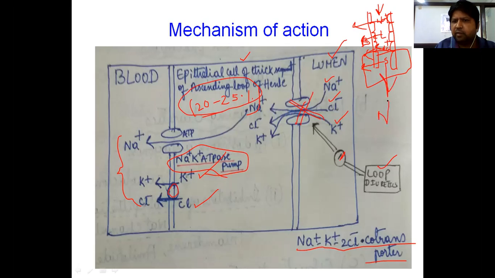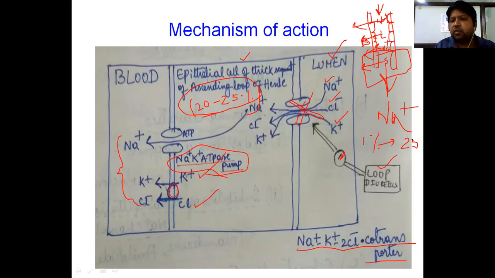So directly they will come into the urine. Thereby, you are increasing the sodium loss by 25%. Got it? Normally the amount of sodium that is excreted is only 1%. Only 1% is excreted and the remaining 24% is reabsorbed. But by blocking this transport system, you are increasing the sodium elimination by 25%.